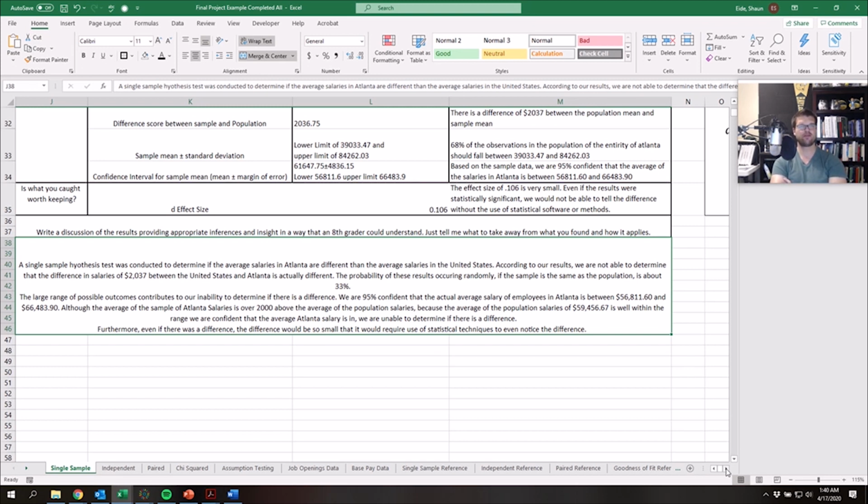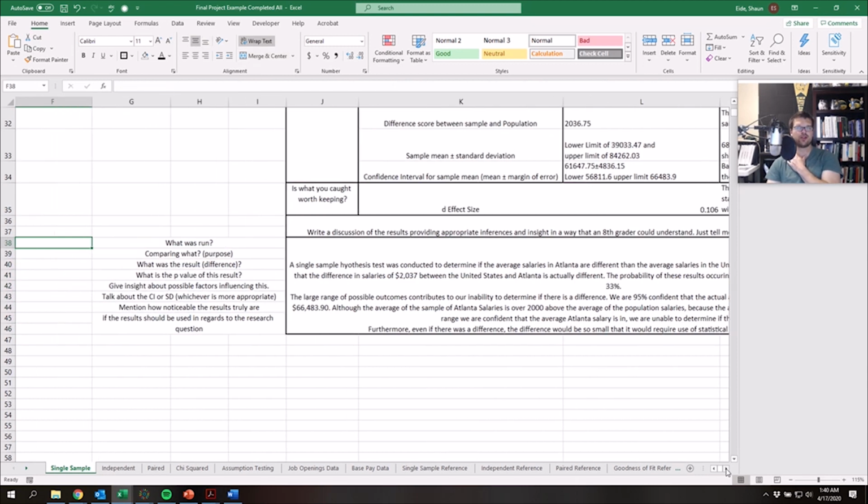Notice I compared the confidence interval to the population. I took the population mean and compared it to the confidence interval. And I said, hey, it's inside that confidence interval, so we can't tell if there's a difference.